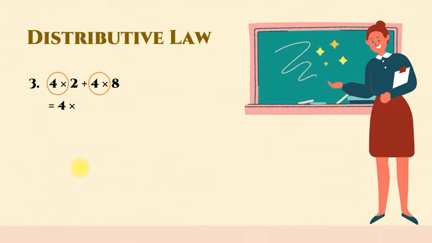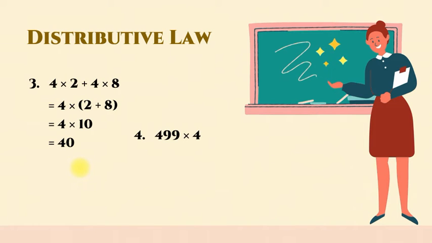So we put this 4 outside. After that we have 2 plus and also 8. Remember the operation here is plus, so we put these numbers inside the bracket. This one is easier to calculate because we know 2 plus 8 equals 10. So we just write 4 times 10 and we get the answer, 40.